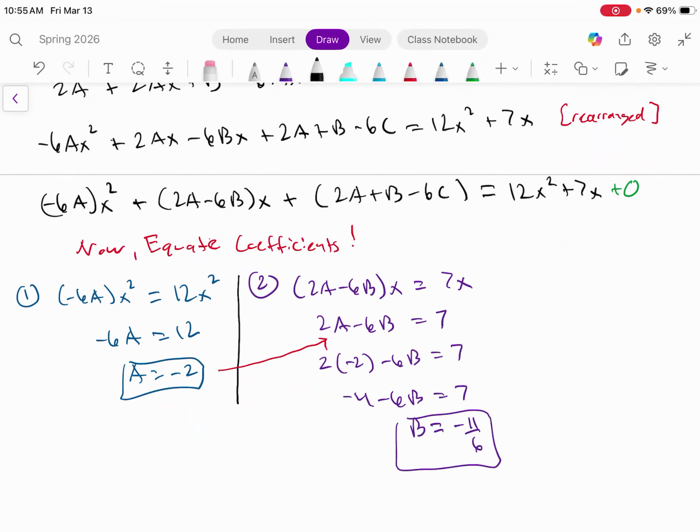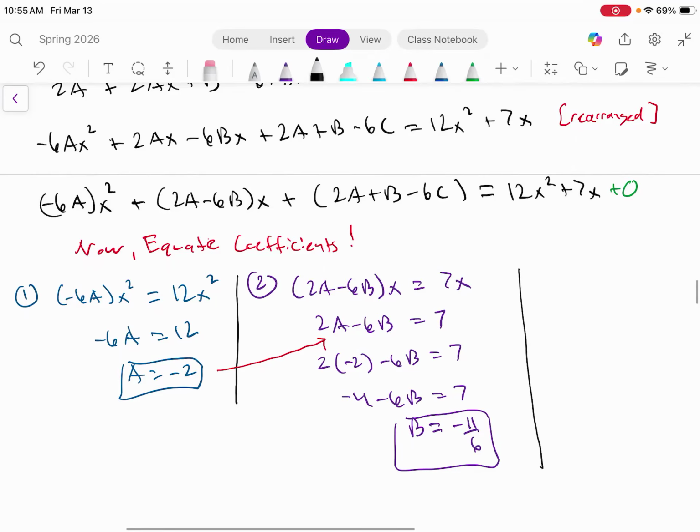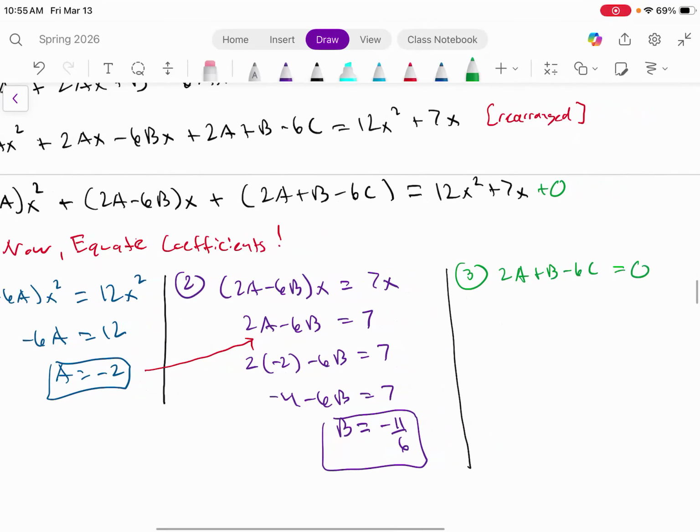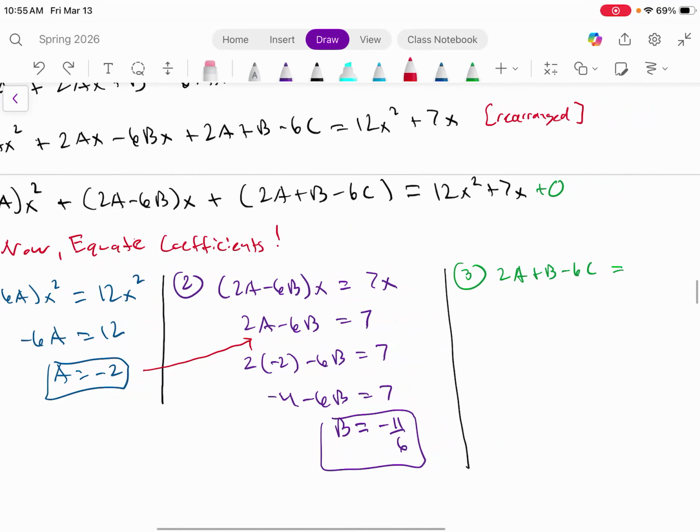And so now let's look at our last coefficient. That's c. So call it step 3. We have 2a plus b minus 6c, and we don't have a coefficient or a constant term on the right-hand side, so it's just going to be 0 as a placeholder. So that makes it a little easier for us. So this just equals 0. And we already know what a and b are.